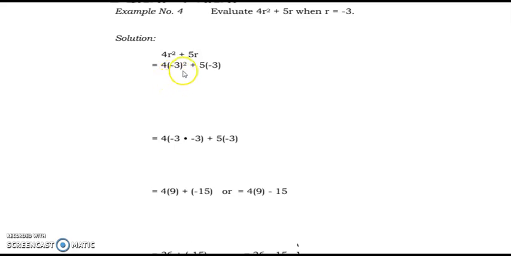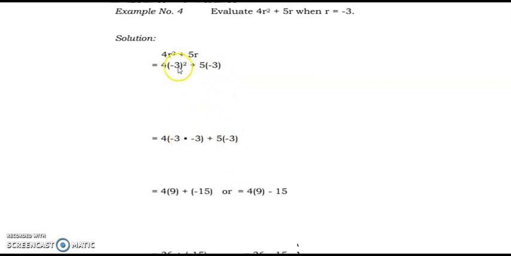Next, the product of -3 and -3 is +9. Also, the product of 5 and -3 is -15. We just expand the -3 here.